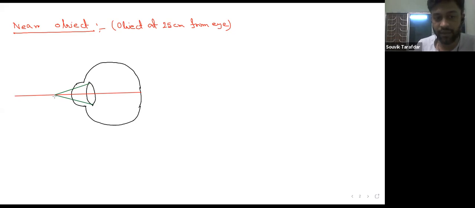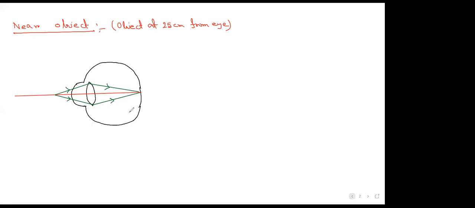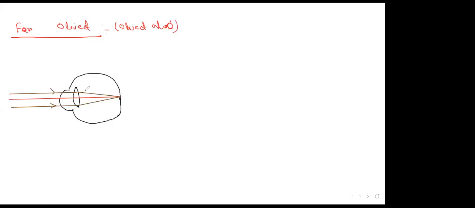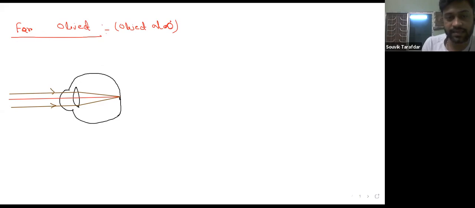Now, as I haven't finished this diagram, let me finish it. When light is coming from this point, it will converge on the retina, like this. This is the ray also I have given. Understood? And in this case, it is coming like this.